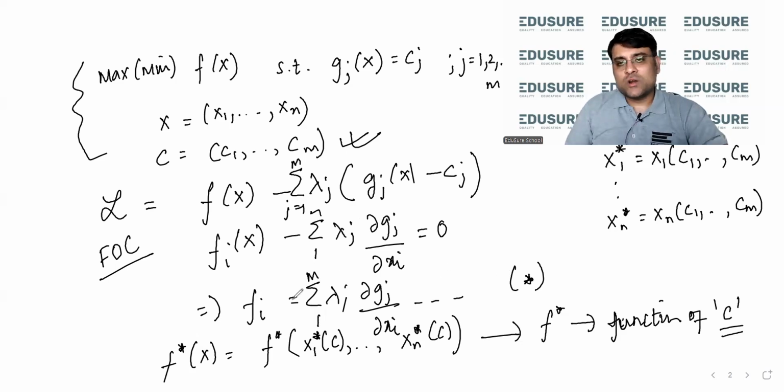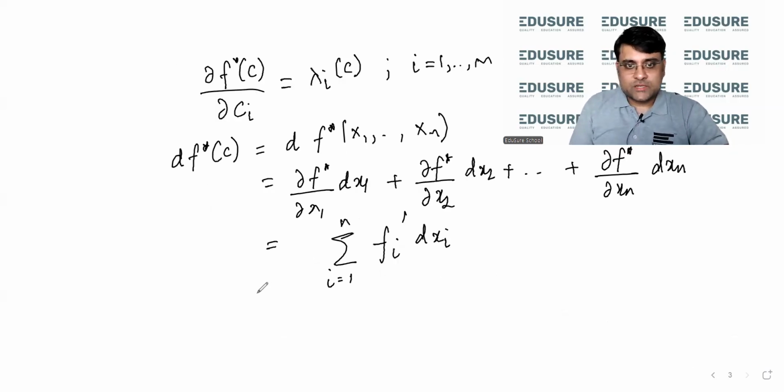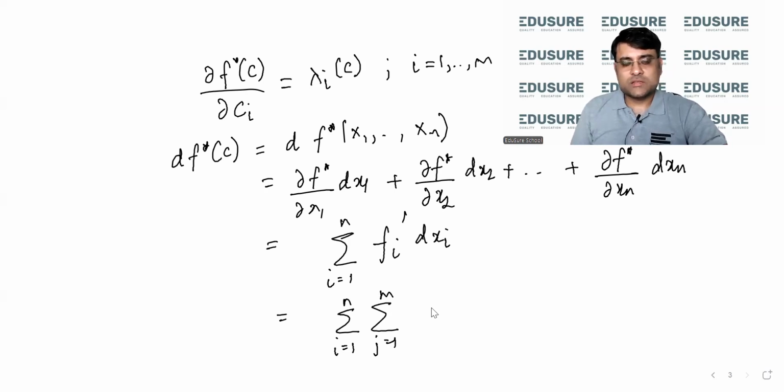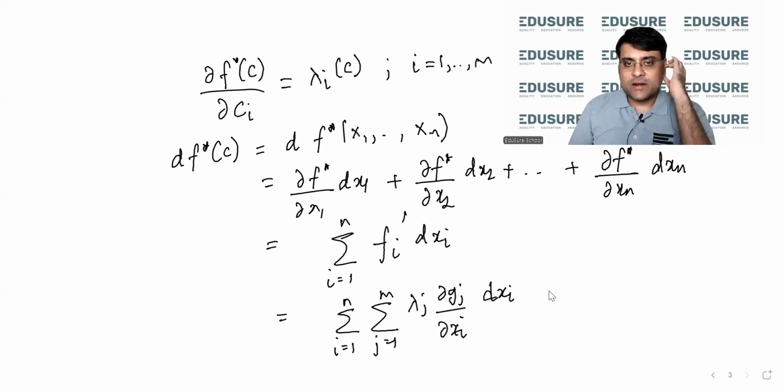So this is what each of the fi will be. So what will I write here? j equals 1 to m, and what will this be? This would be basically lambda j del gj del xi dxi. This is what I'll get ultimately.